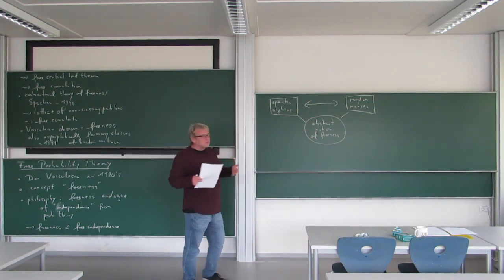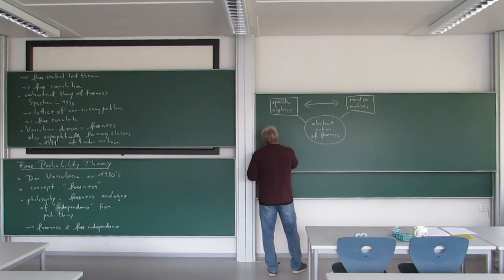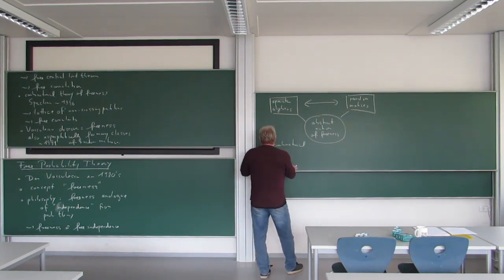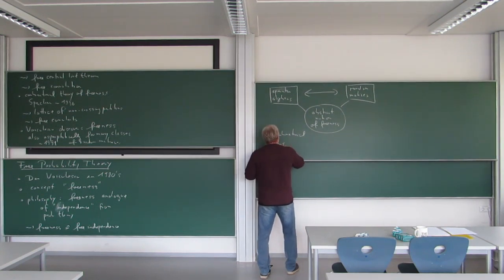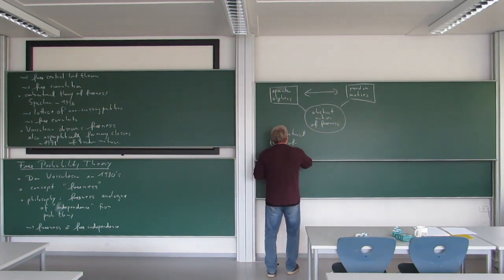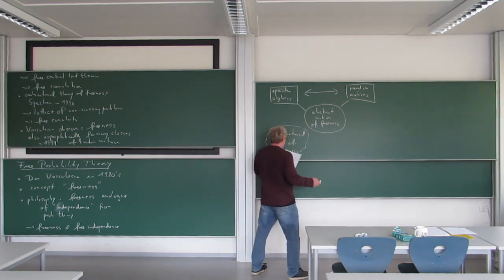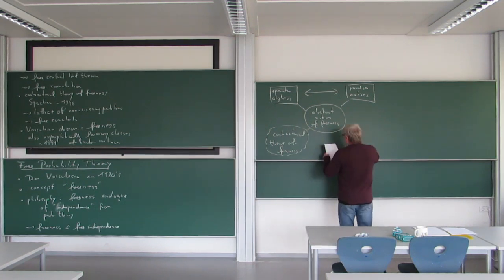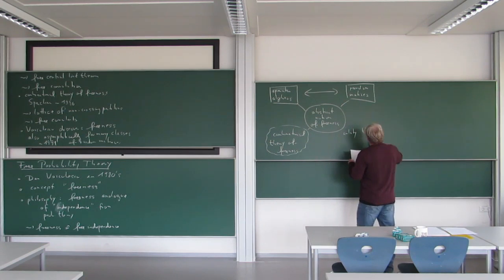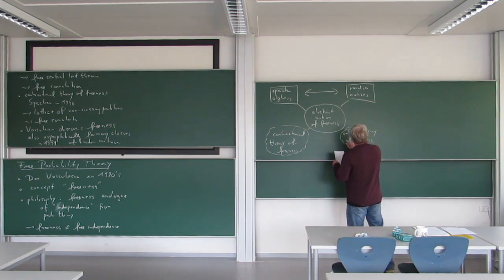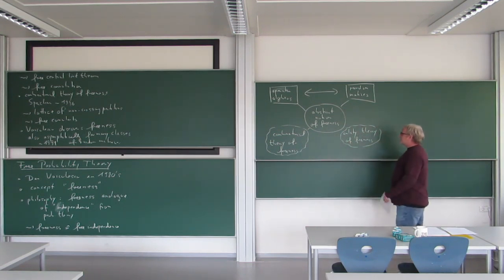There are also different approaches, and one is the combinatorial theory of freeness. But then, of course, there's also a more analytical approach, in particular complex analysis methods, and all these are of course related.